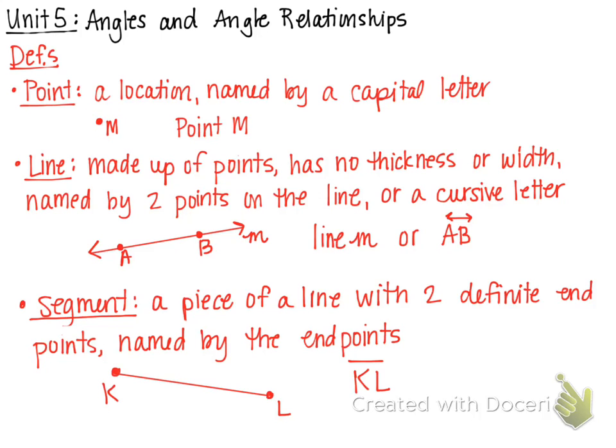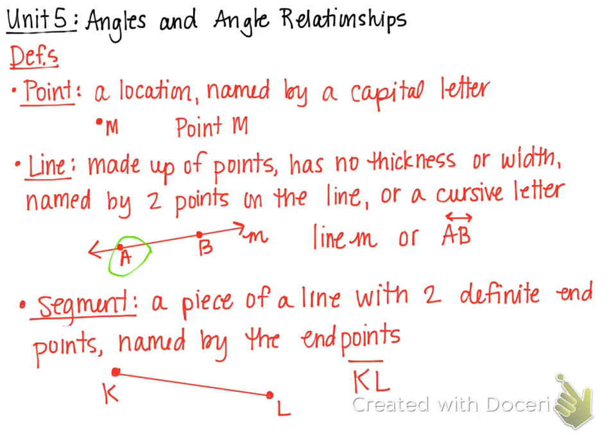The next definition is line. A line is made up of points. It has no thickness or width and is named by 2 points on the line or a cursive letter right next to the line. So this is what the picture would look like. And you see I've got 2 points on my line.